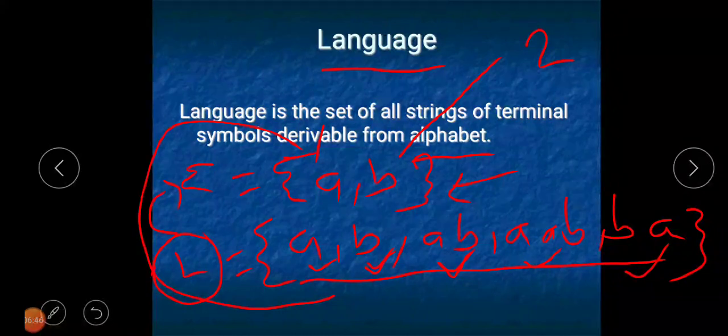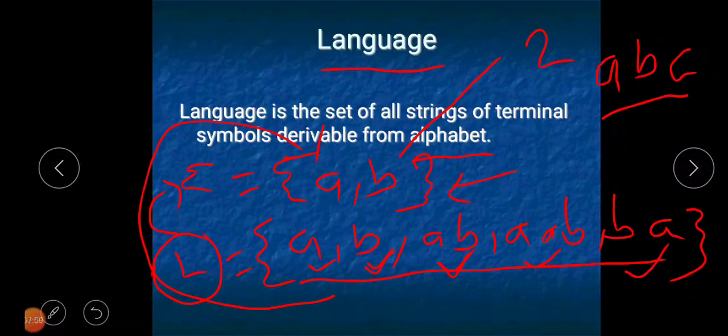Now I just want to ask you one question. If I write a string like a b c, is this a valid string defined on this sigma? No, because c is not a member of the given sigma. That's why this is not a valid string defined on sigma.